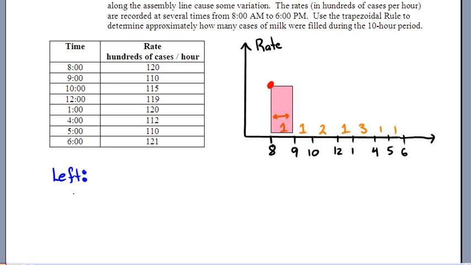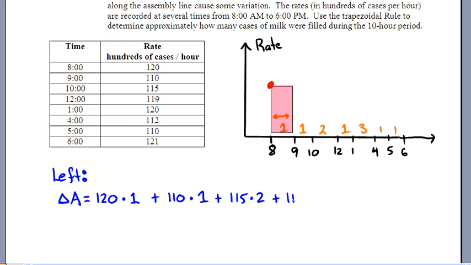So you would say, okay, the change in the amount, according to the left approximation, would be 120 tall and 1 hour wide, plus 110 tall times 1 hour wide, plus 115 tall, but that span would be 2 hours wide.